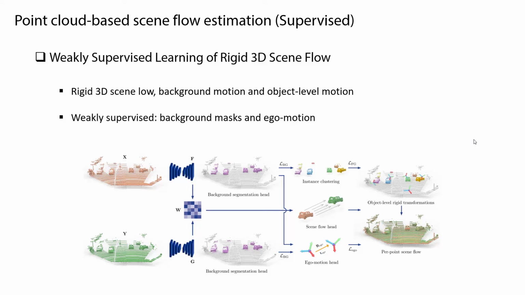As you can see in their framework, the components they estimate are the object masks, object transformation parameters, and ego motion. With the supervision signal from the ego motion and the background mask ground truth, they can compute their designed supervised losses and train the network using the gradient.